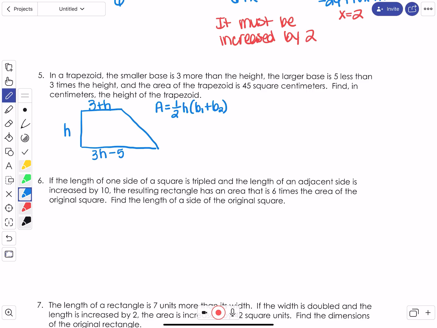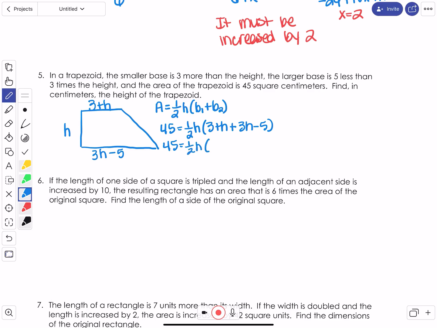So I just plug in here. So I've got 45 equals 1/2. I don't know what my height is. My base is 3 plus h, and my bottom base is 3h minus 5. And now I'm just going to simplify. I'm going to combine like terms here. So I've got 45 equals 1/2 h.